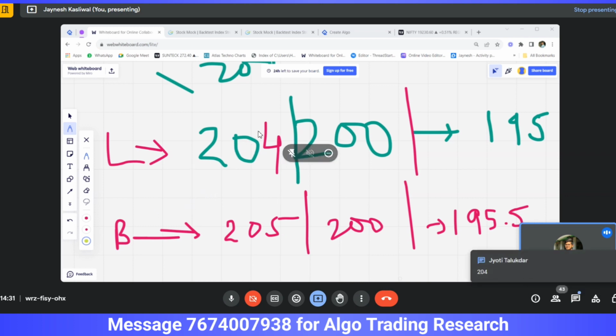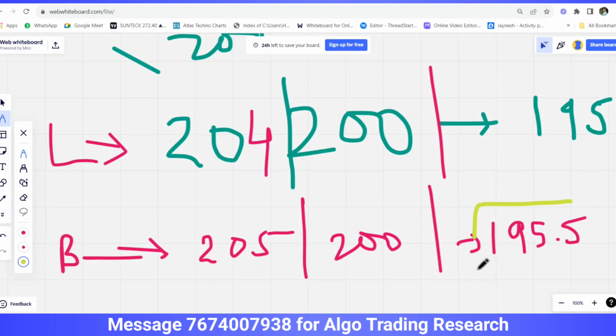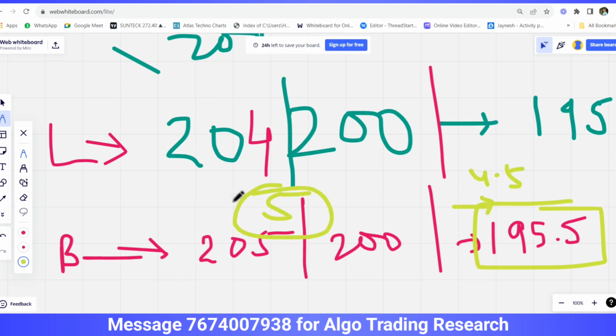Obviously in the live market it is going to select a premium of 204 rupees, but in the backtest it is going to select a premium of 195.5 rupees, because this is much nearer, 4.5 rupees against 5 rupees. The difference is not that much, but this kind of differences will arise.